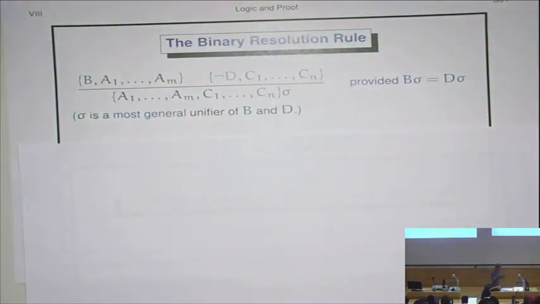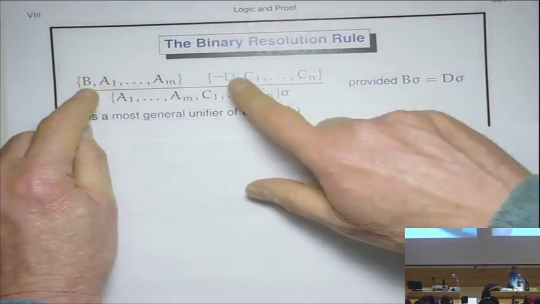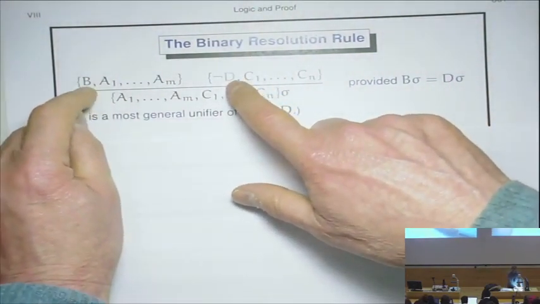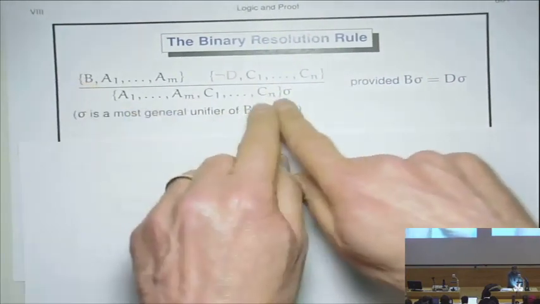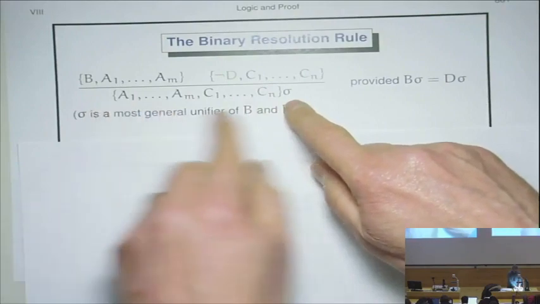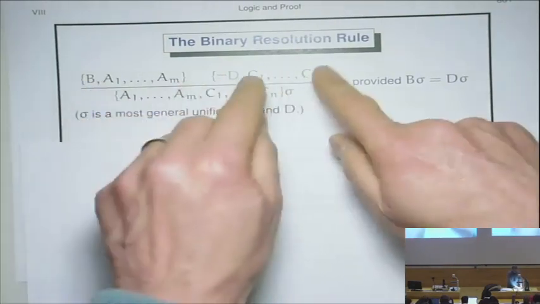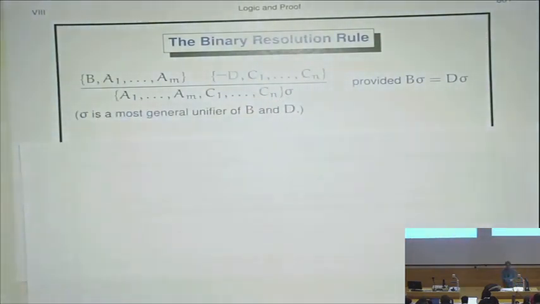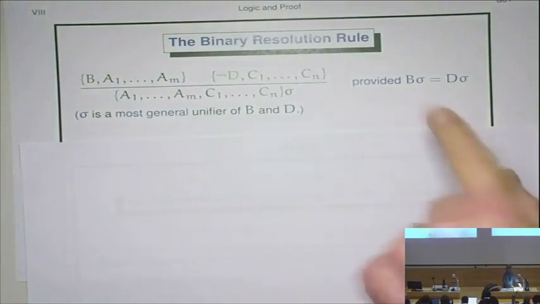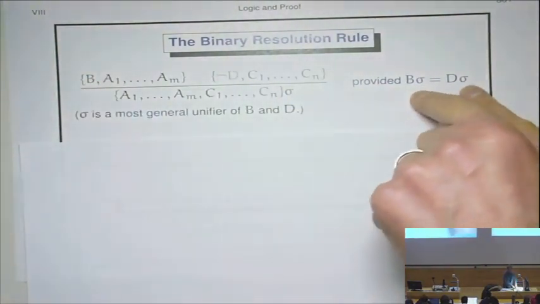So really a very simple idea. If B is unifiable with D, then we can form a conclusion by, now, if you remember from when I gave you the propositional version of this, I said you take all the other literals and you just stuff them together into a big clause. And the only difference now is we unified B and D by this substitution sigma.